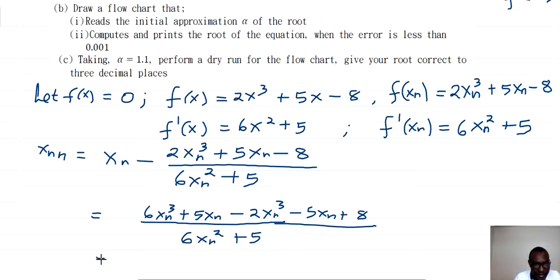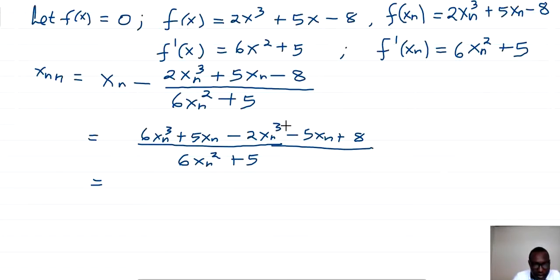So we collect their like terms. We shall have 4x_n^3, this and that vanishing, plus 8, divided by 6x_n^2 + 5.